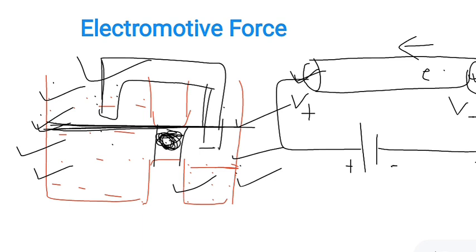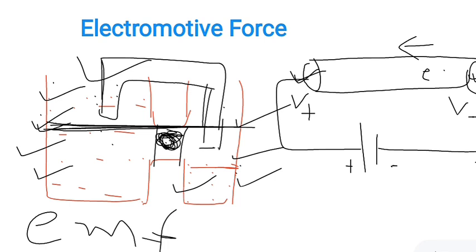Again I am repeating, electromotive force is the ability of a source of current to maintain the potential difference across the ends of a conductor. Okay, this is known as electromotive force or EMF.